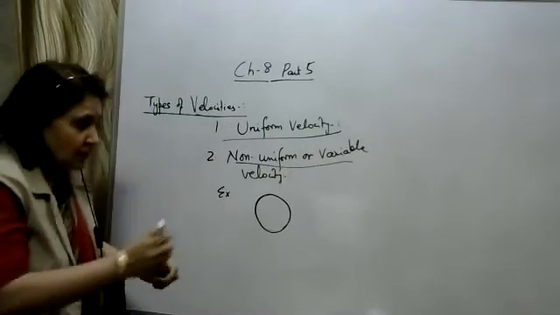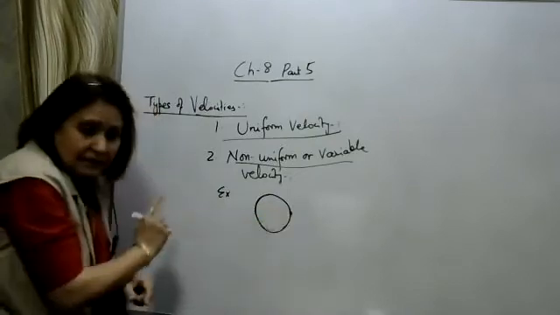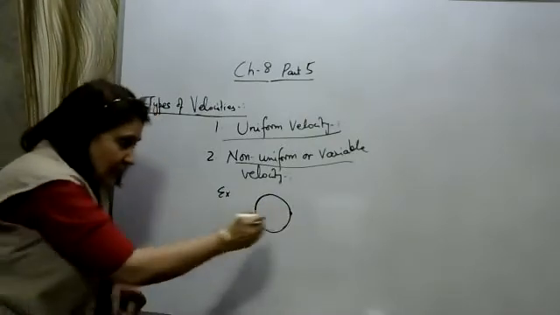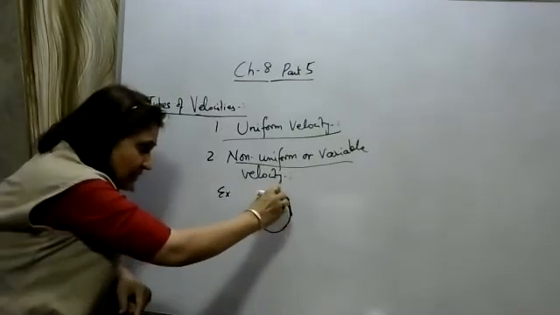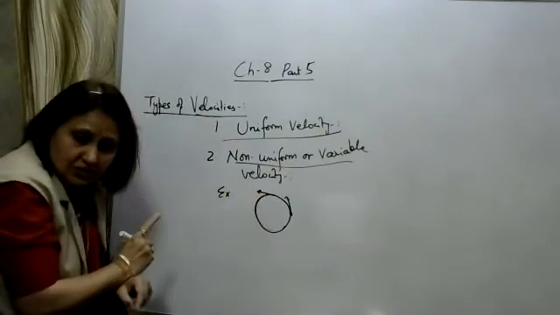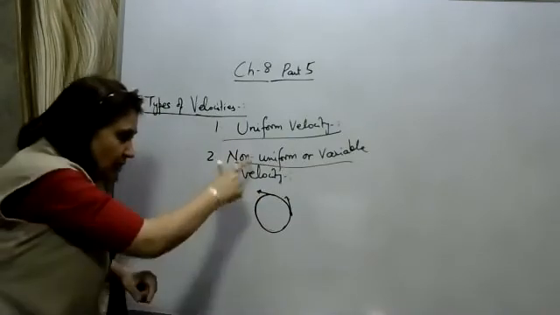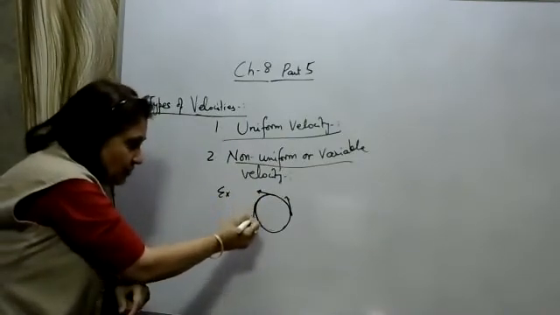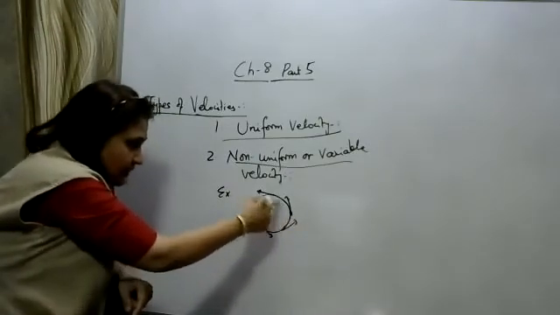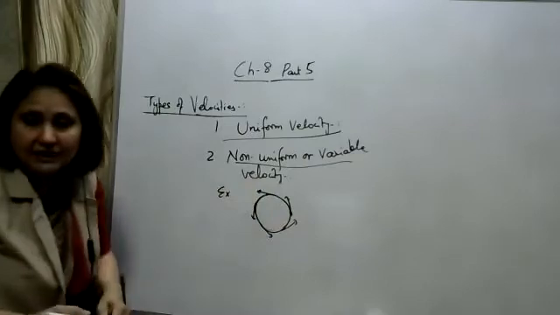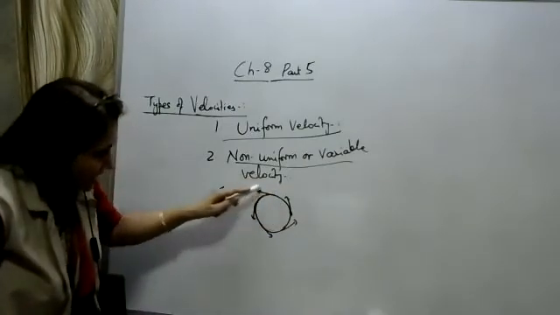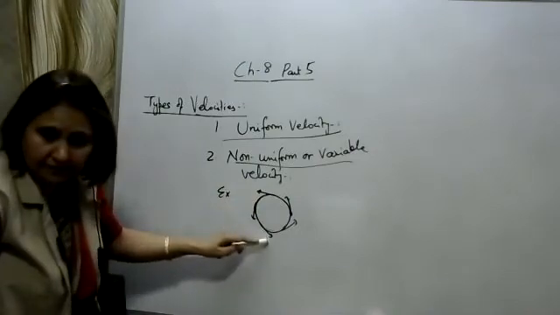But here you can see that the direction at every point is changing. How can we find out the direction? By drawing the tangent at that point. At any point, if you want the direction of the velocity, you draw the tangent. At every point, the direction of the tangent is different, and it gives the direction of the velocity.